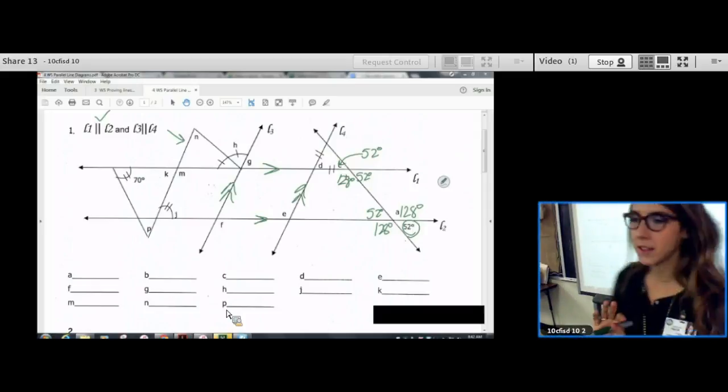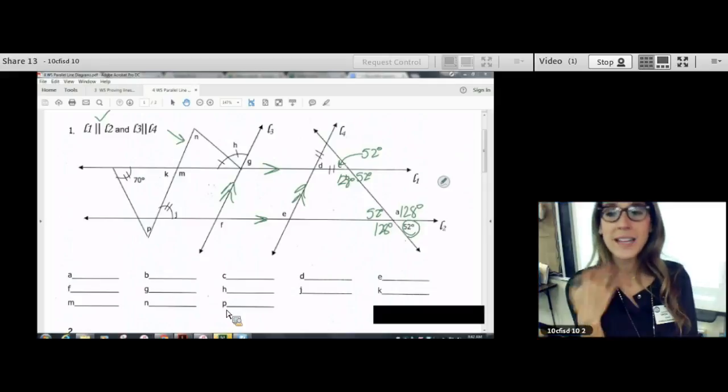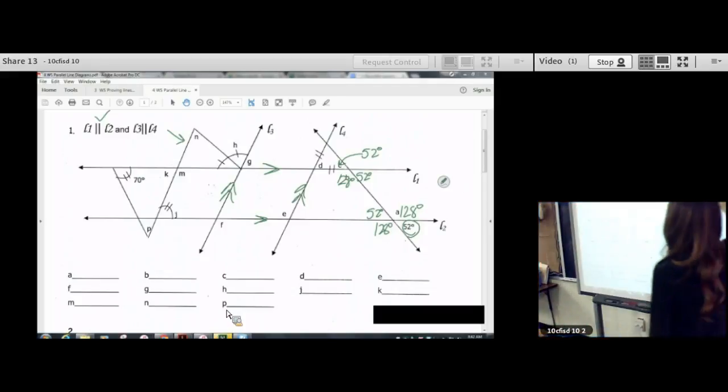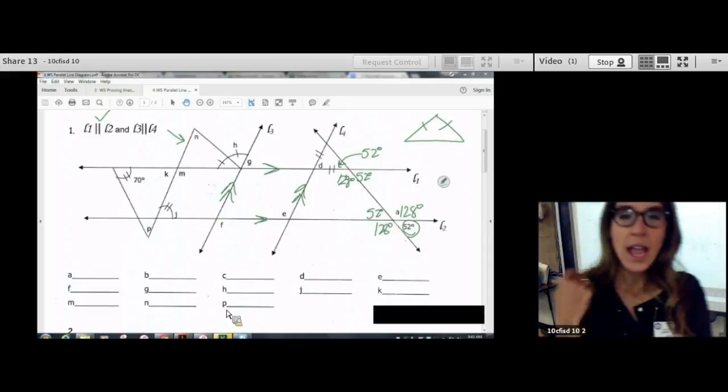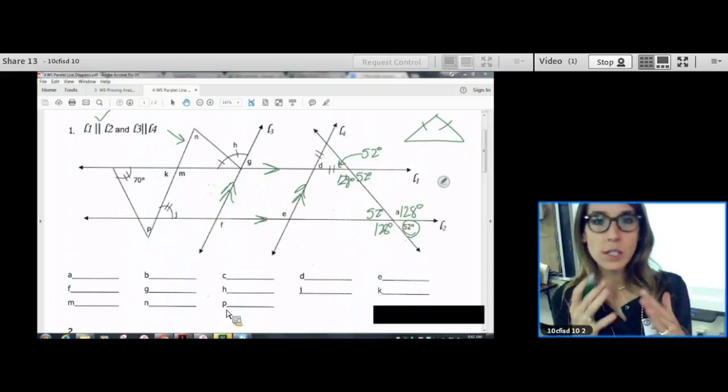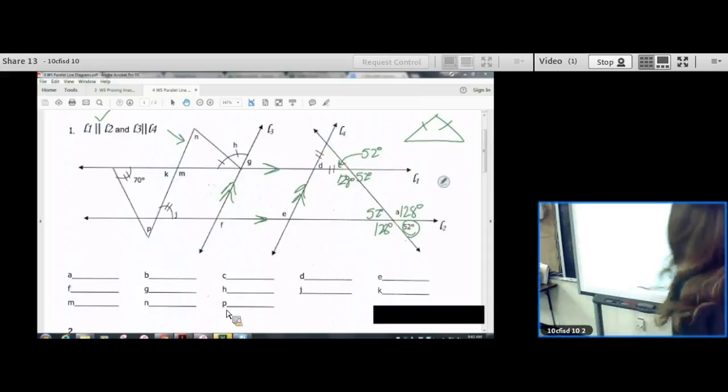Now I'm at a little bit of a dead end, so I want to teach you something. I'm not sure you learned it before, but I'll teach it to you now. If you're given a triangle, and you know two sides of that triangle are congruent, like that triangle right there with the tick marks, then the angles opposite those sides are also congruent.